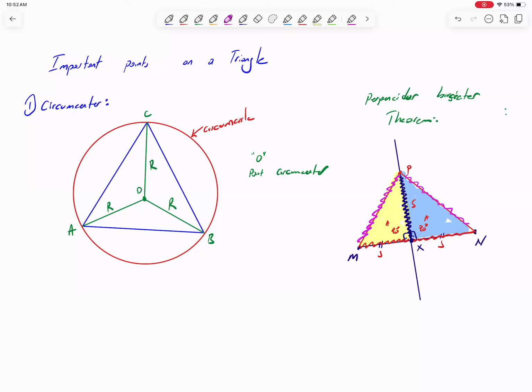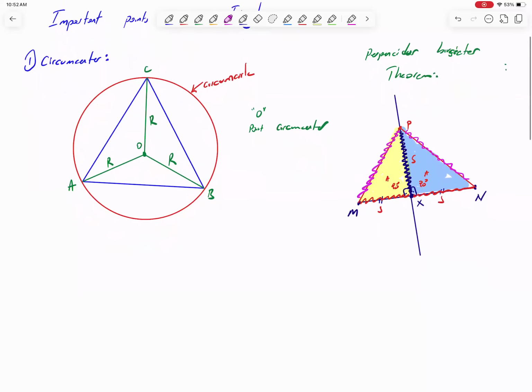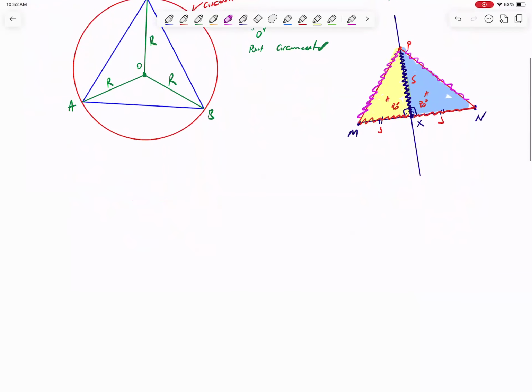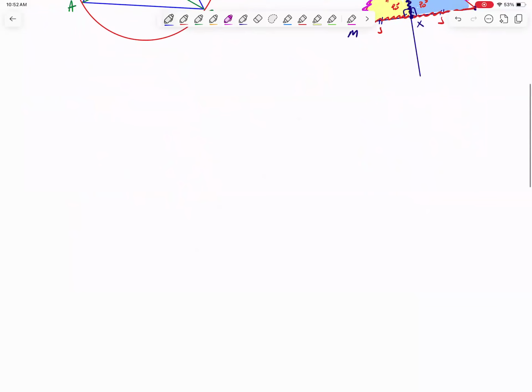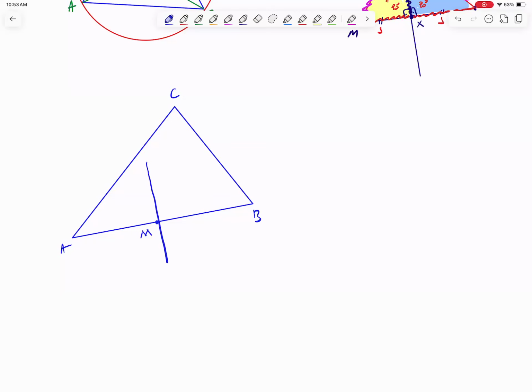Great. After this theorem, we can explain how we can construct the circumcenter. Let's say we have a triangle with corners A, B, C. We locate the midpoint of AB, let's say M. And we draw a perpendicular line to AB passing through M, which is the perpendicular bisector.